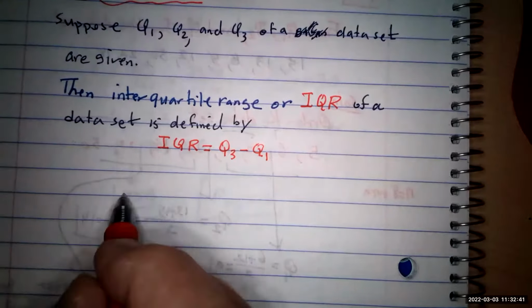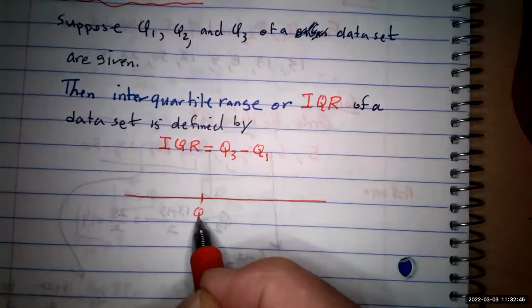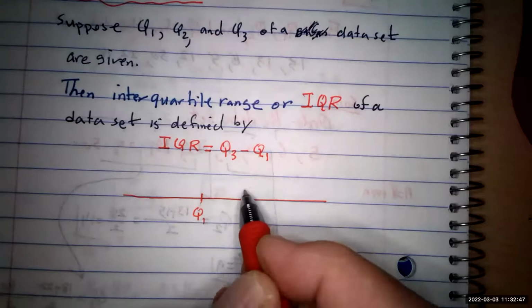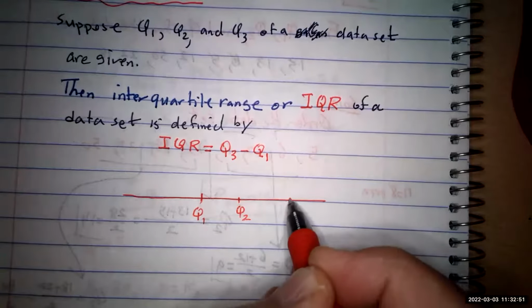Okay, so those numbers that we did talk about. If this is going to be the Q1 and this is going to be Q2, and then you have a Q3.